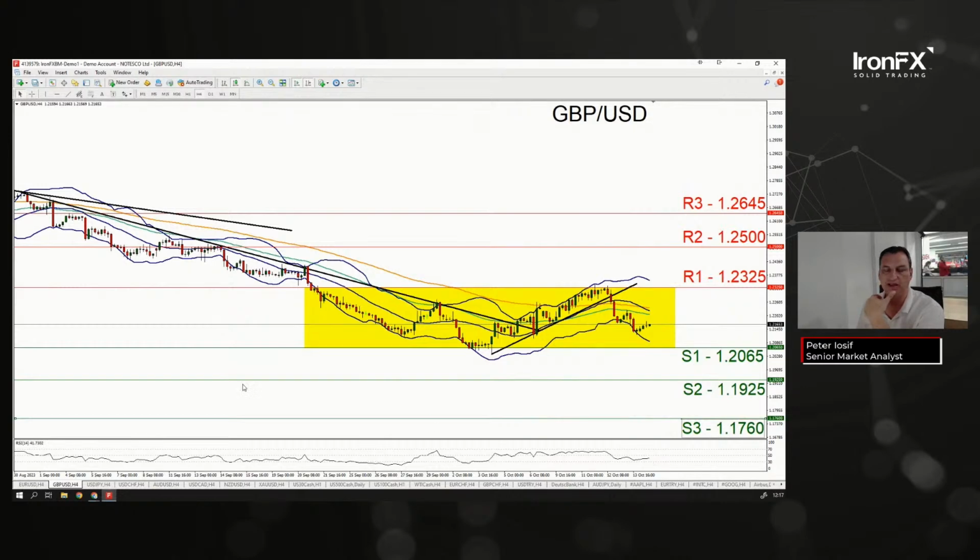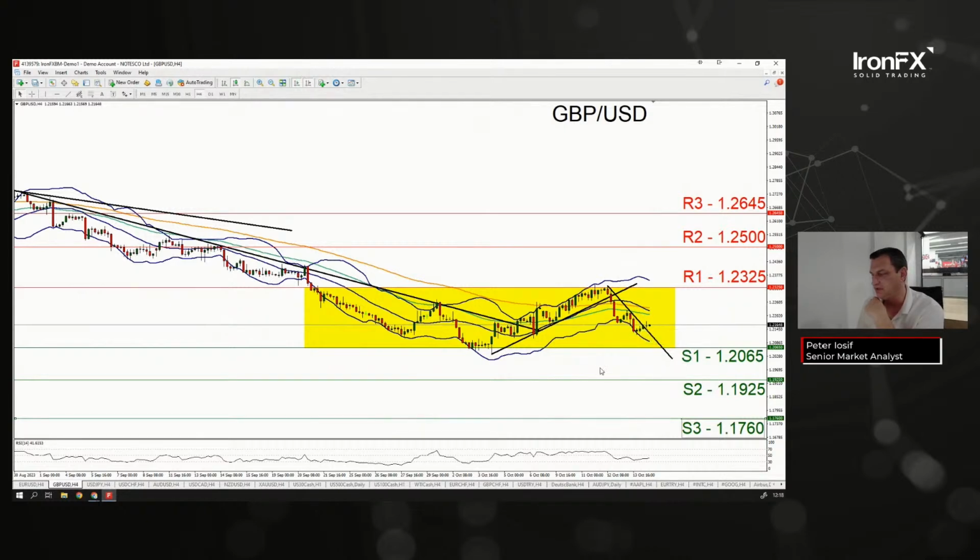I would be noting that we had discussed with the colleagues up in research the idea of a downward trend. However, that in my opinion is not valid, and that's based practically on two elements. The first element is that, okay, we had lower peaks and lower troughs, but it was broken during today's Asian session.